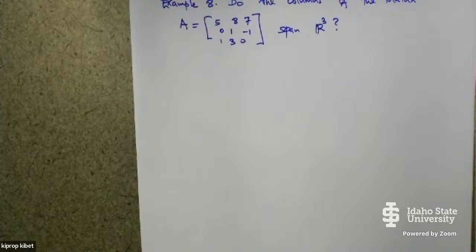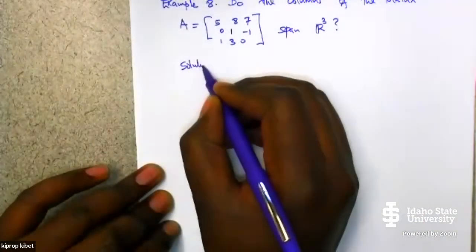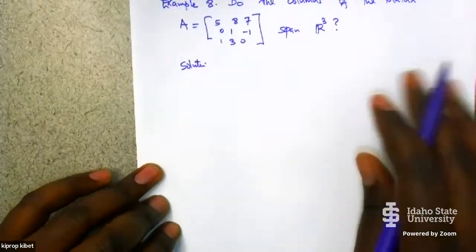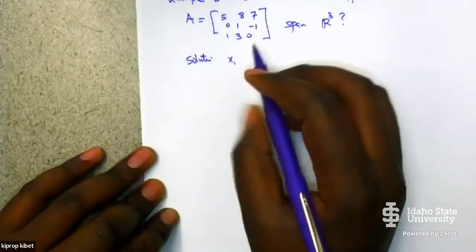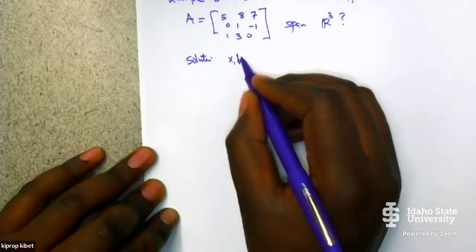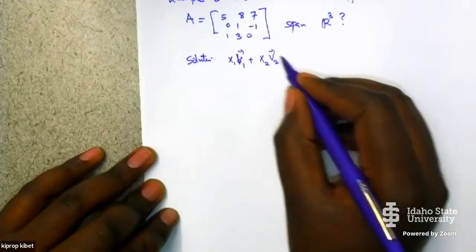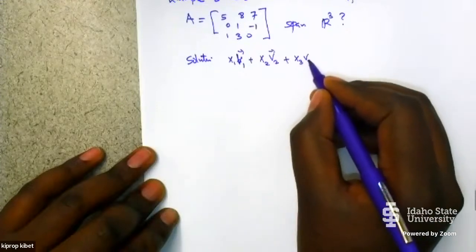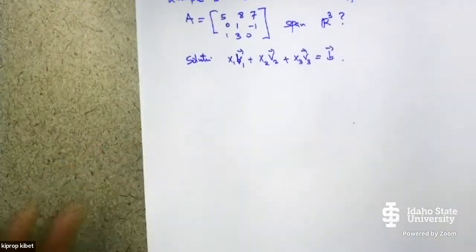So for this to span, it means we are looking for a solution x1 v1 plus x2 v2 plus x3 v3, which is equal to what?